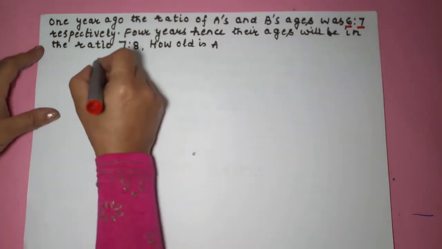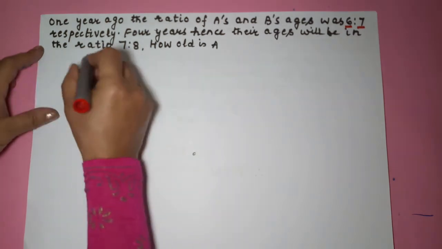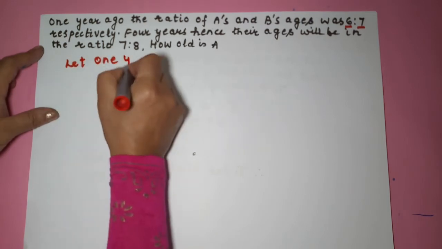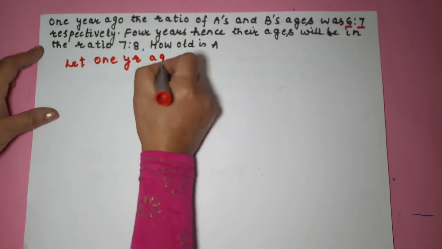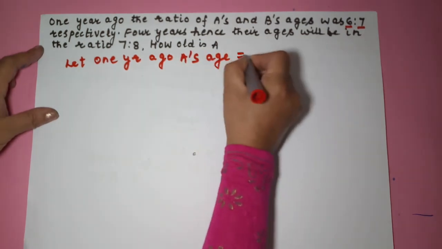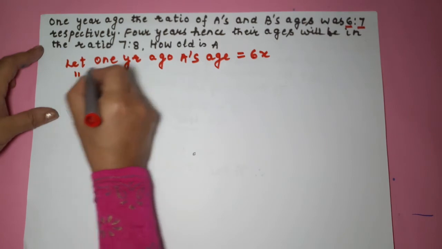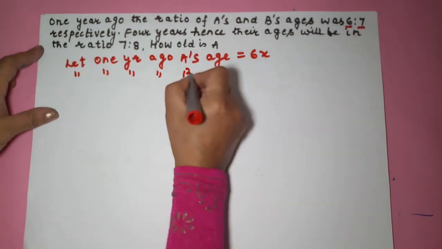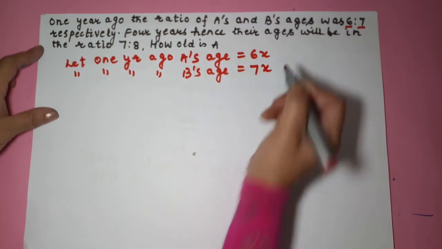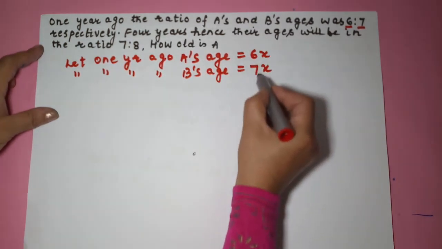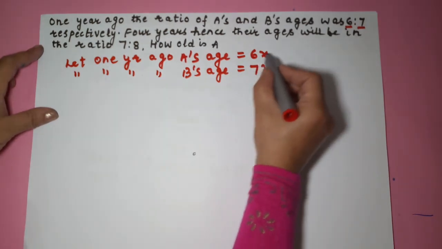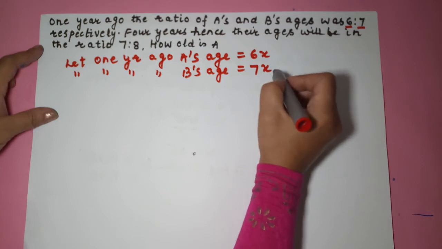So we can write, let 1 year ago A's age be 6x, and let 1 year ago B's age be 7x. Fine. This is their age 1 year ago. Can we find their present ages? Yes.